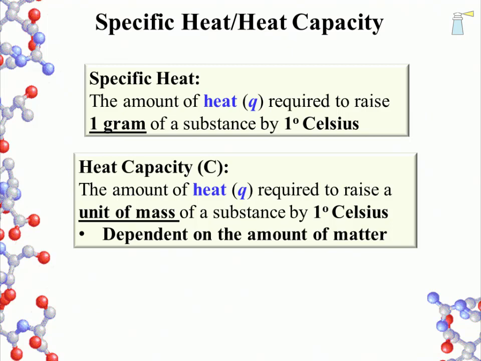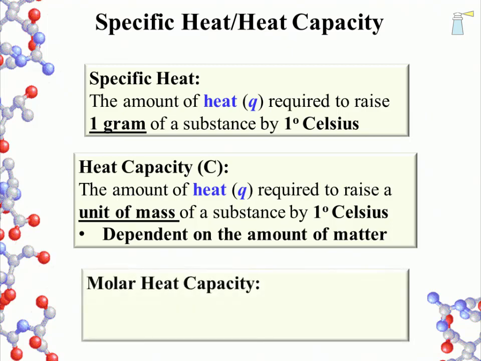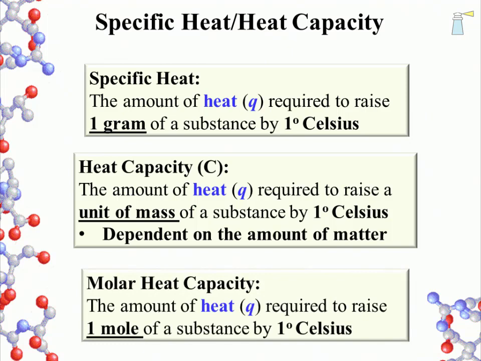Another definition that we should cover is also connected to amount: molar heat capacity. It is the amount of heat required to raise 1 mole of a substance by 1 degree Celsius. All very similar definitions, dealing with a substance's capacity to handle heat.